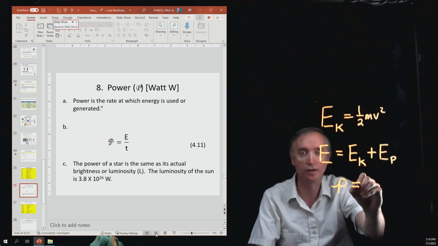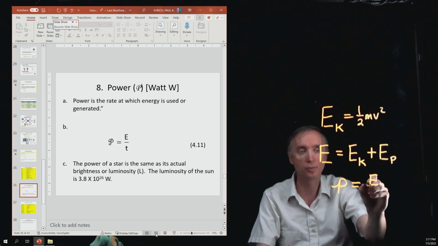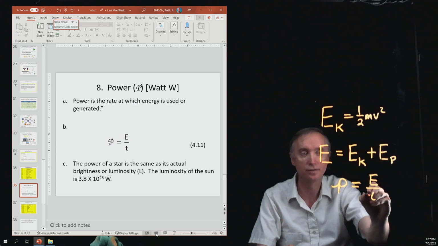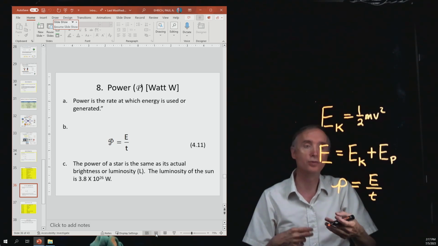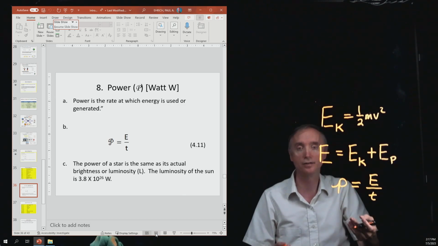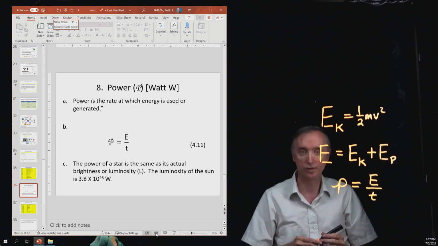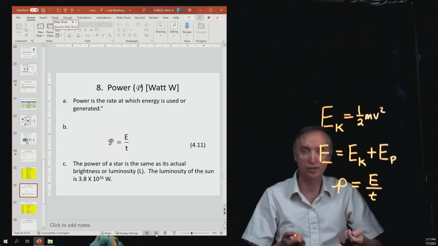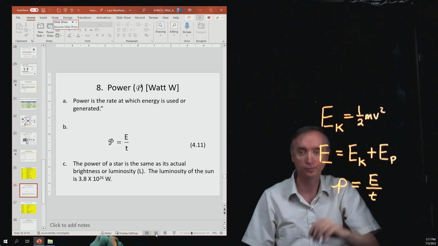So the formula is it's the amount of energy per second that a device uses, or it could be the amount of energy per second that a device creates. So that an engine that is very powerful gives off a lot of energy every second. And so that's what we mean by power.